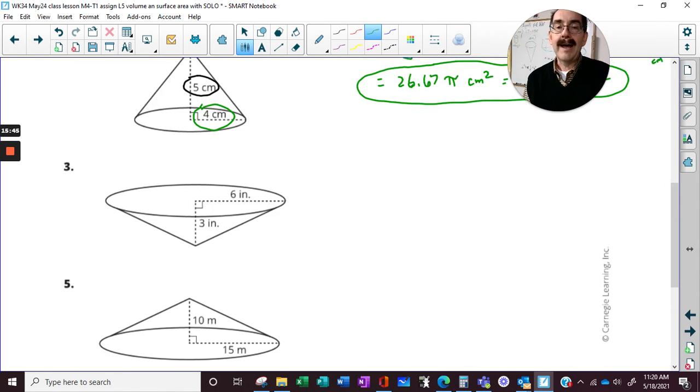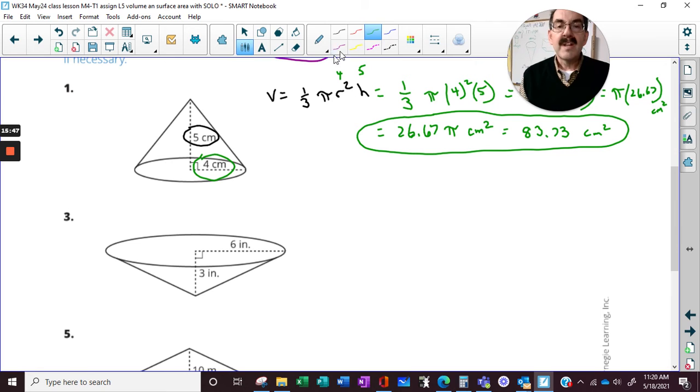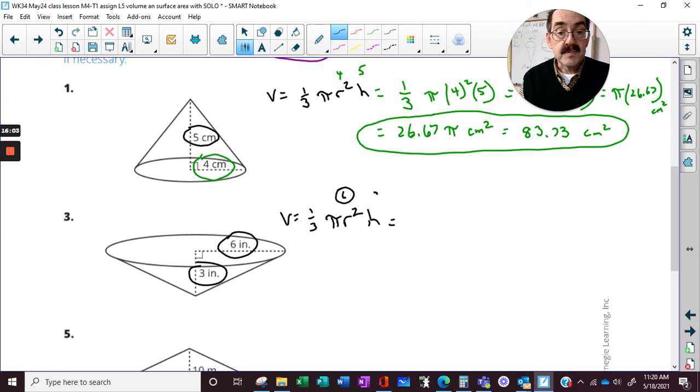All right. Welcome back. Okay. So now our volume, 1/3 pi r squared h. And in our case, we have 6 for the r, 3 for the height. It was upside down, right? So 1/3 pi 6 to the 2 power with a height of 3.